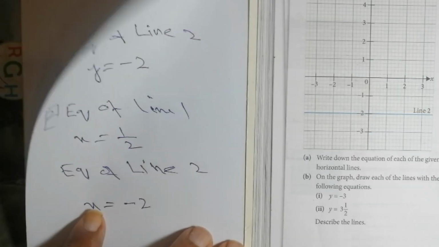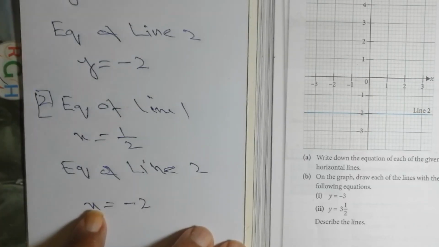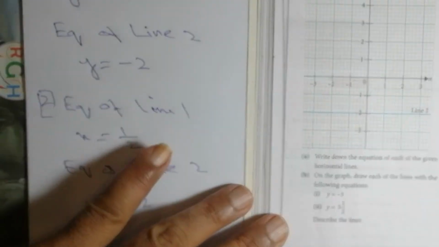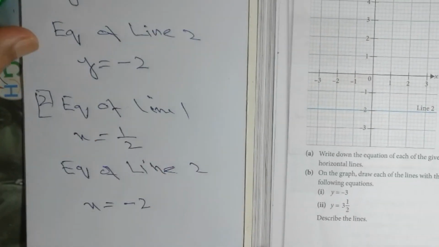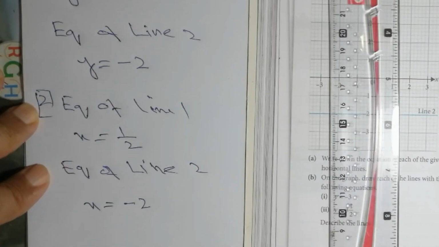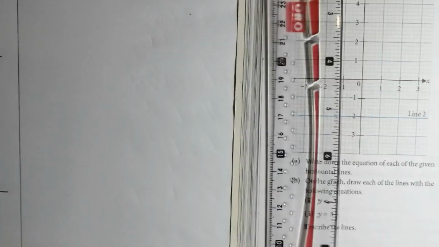Question number 3 is: sketch the graph of each of the following functions. You can see the equations. These are linear equations, all in x and y with single degree. You know the standard equation of a straight line is y equal to mx plus c.